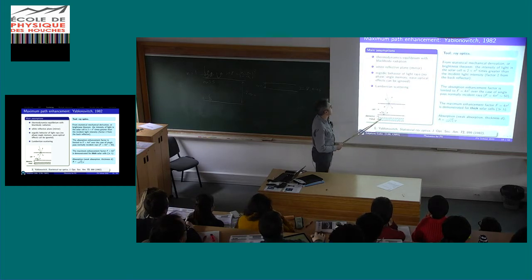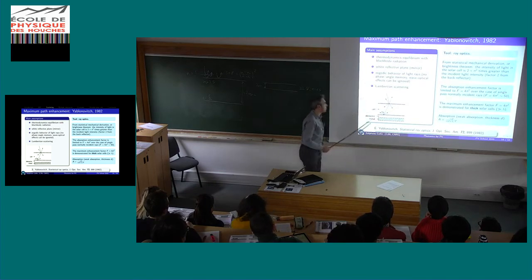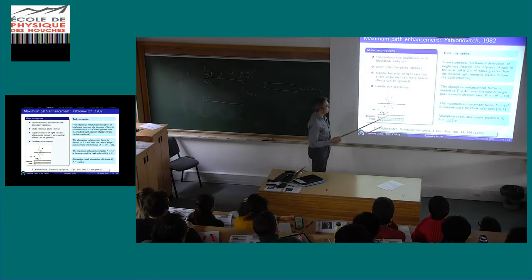You have a perfect mirror at the back side. You have an ergodic behavior of light rays. It means you can say that you lose the phase of light between the back side and the front side. It means that you will have no interference features.